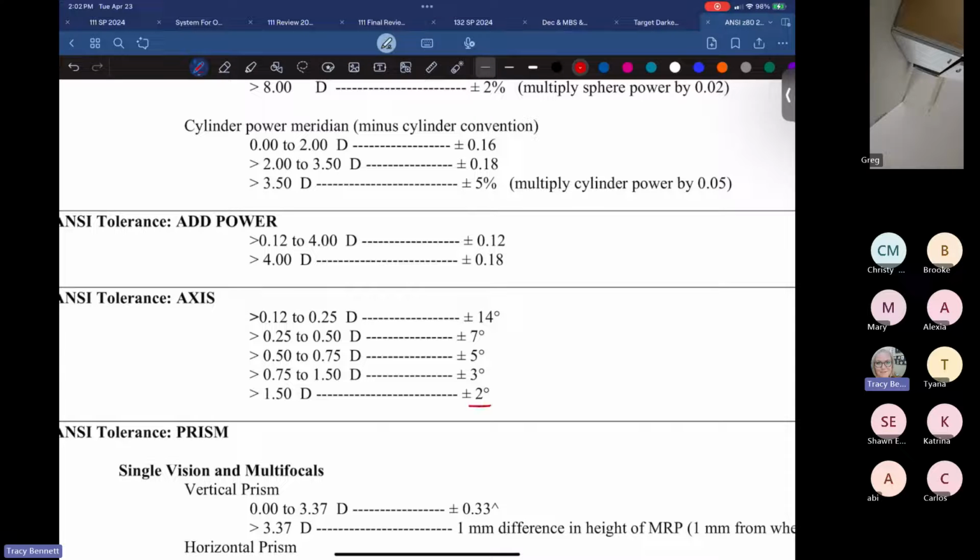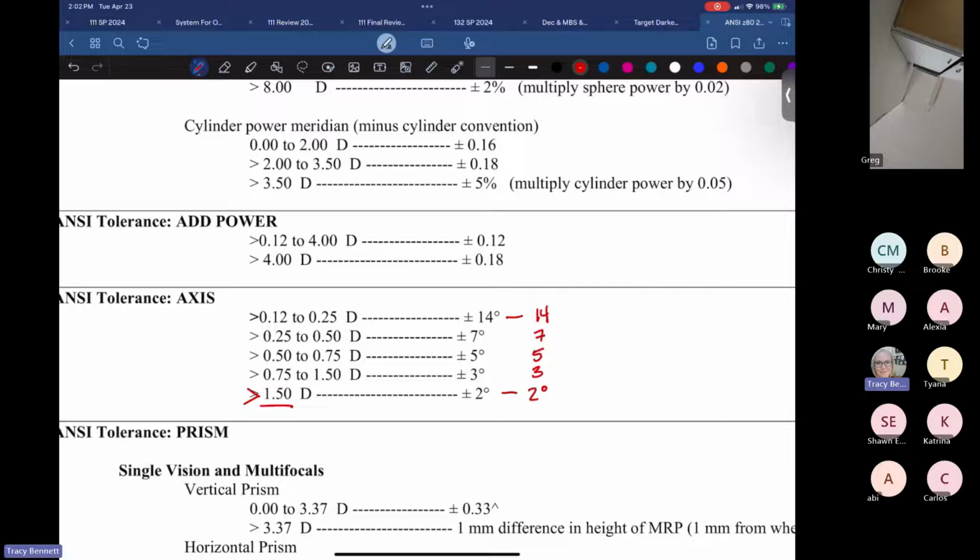And I guess a way to memorize this would be to remember that anything greater than 1.50 in the cylinder is going to get 2 degrees, and a quarter or less is going to get 14 degrees. And then I think a lot of people just remember that from 14 to 2, you go 14, 7, 5, 3.